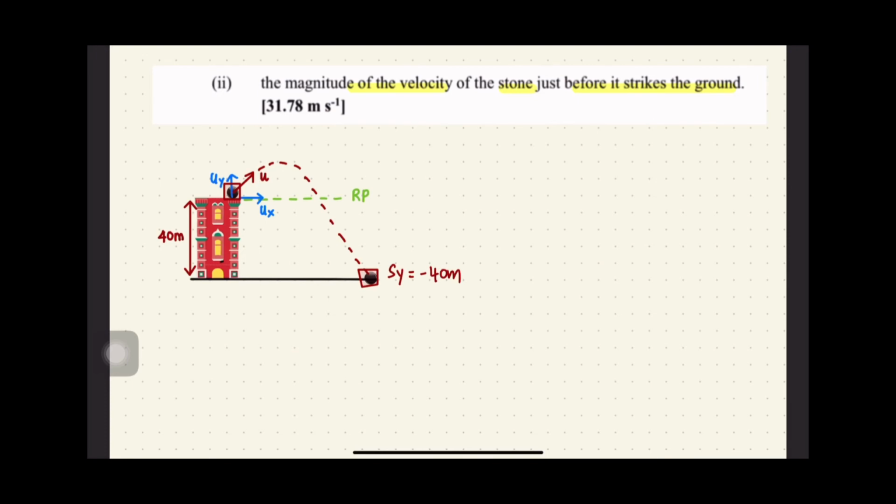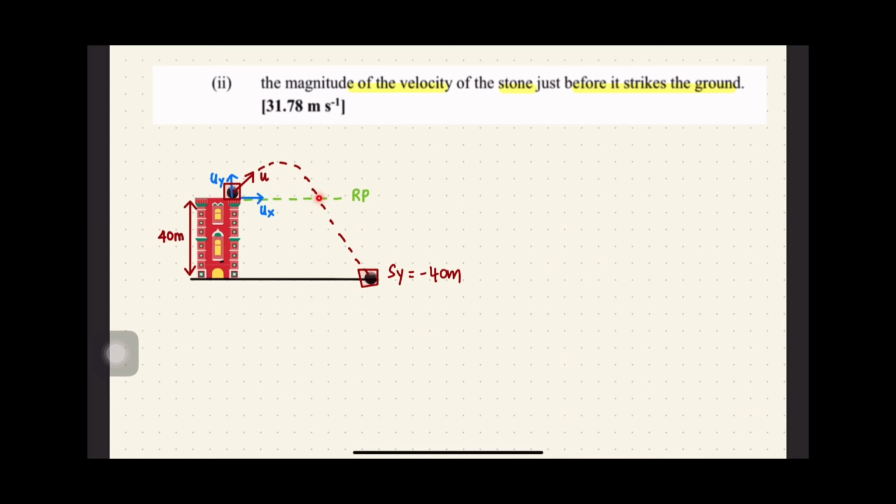To find Vy, make sure you gantikan Sy negative 40 sebab ini adalah hint dia. Bila position bola daripada A to B, dekat B ni dia punya displacement adalah negative 40. Sampai atas ni dia akan jadi positive Sy. Daripada position maximum until this position dia akan jadi negative Sy.